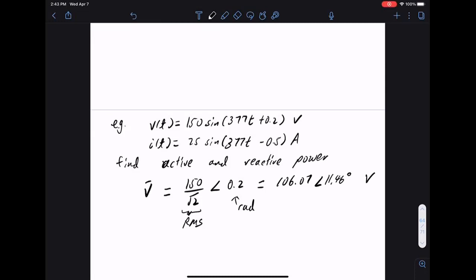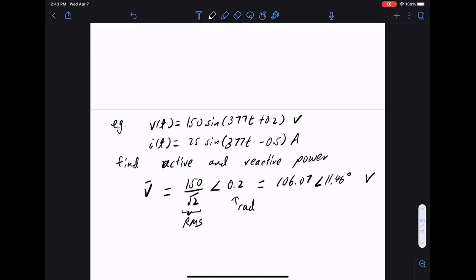And for this class, you can use your computer if you want, but also make sure whatever program you're using treats the unit of the angle consistently. And as a convention, most of the time the angles are given in degrees for us. We like angles in degrees.